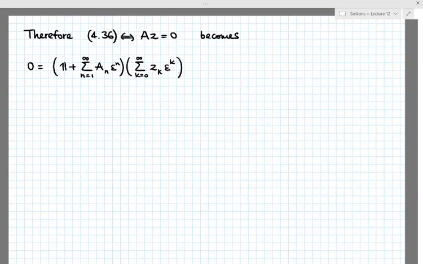But we don't need to worry at this stage about what an and zk are.